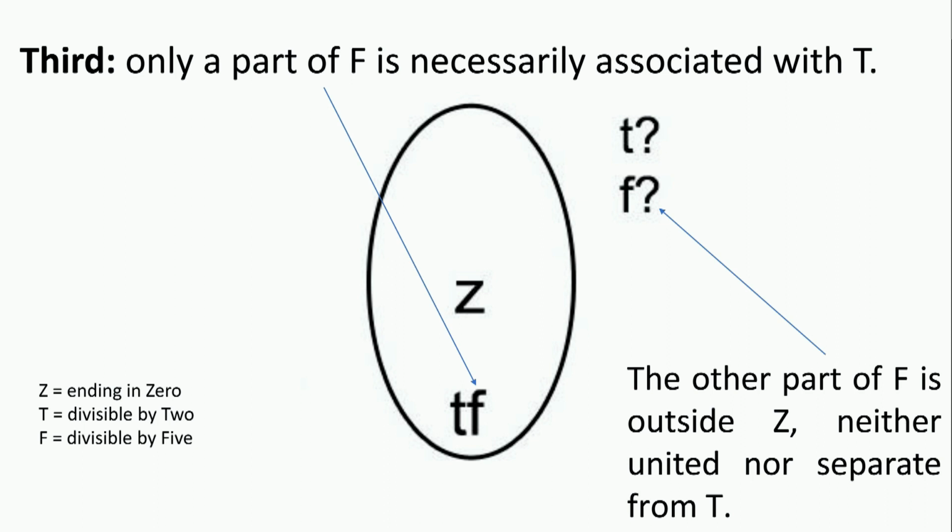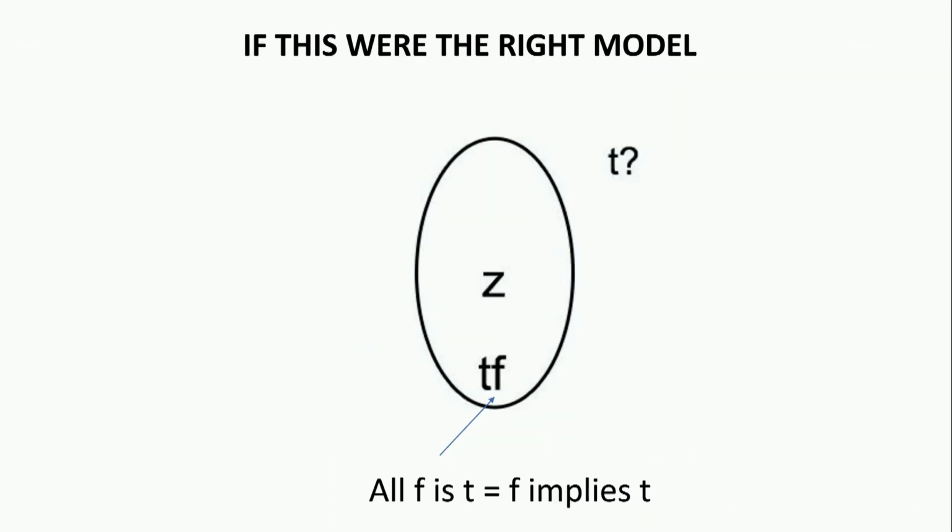Answer. We observe the model and we see that only a part of F is necessarily associated with T. The other part of F is outside Z, neither united nor separate from T. If this were the right model, the conclusion would be: all numbers divisible by 5 are divisible by 2. F implies T.